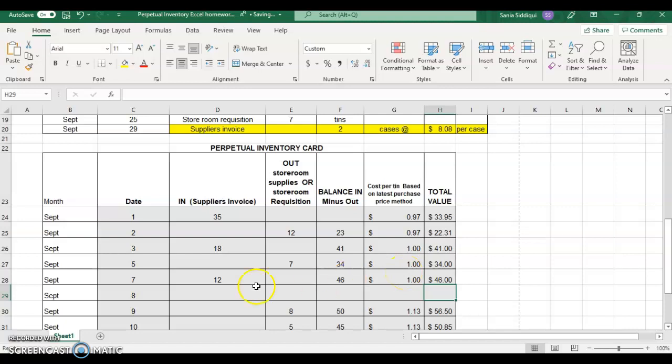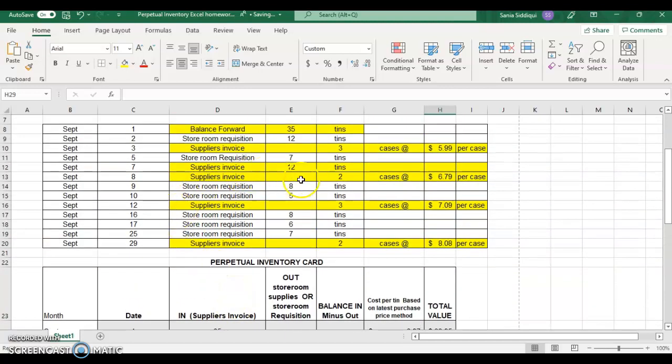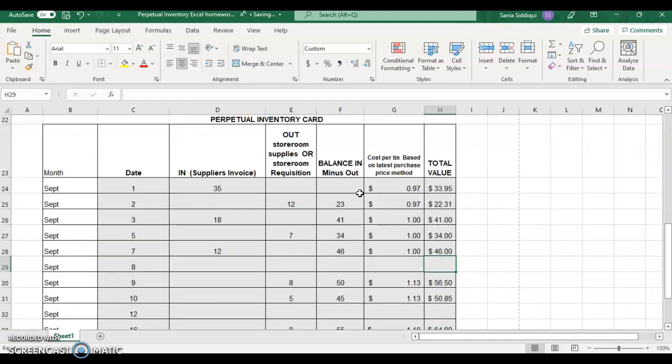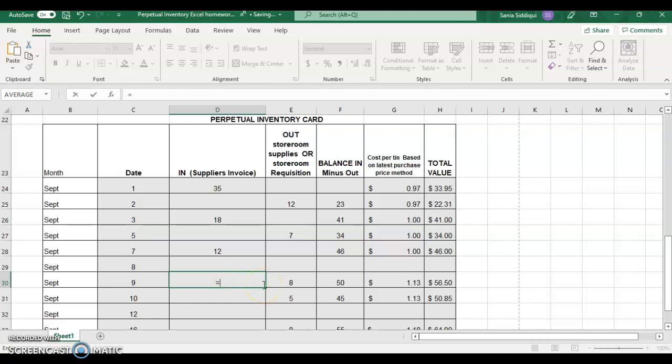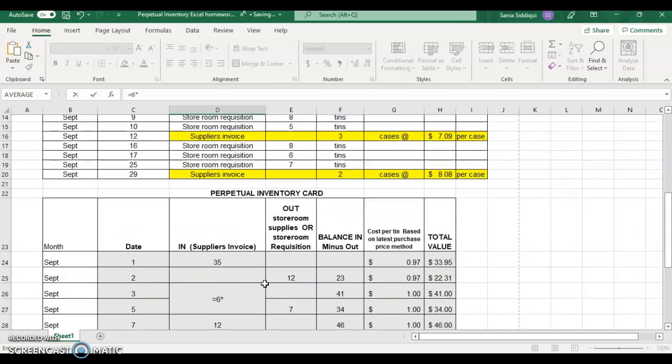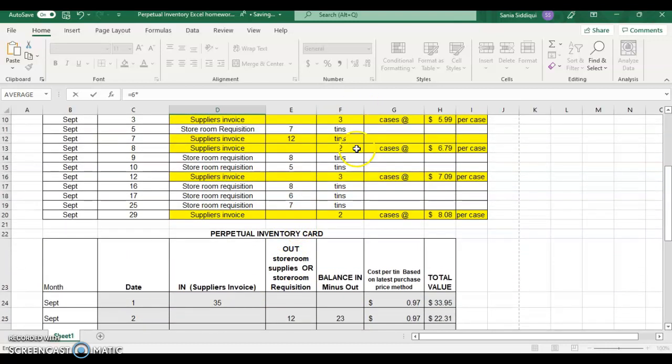Then on September 8th, we see about 2 new cases come in, and each case again has 6 cans. So in order to figure out the total number of cans, we just take 6 and multiply it by 2.